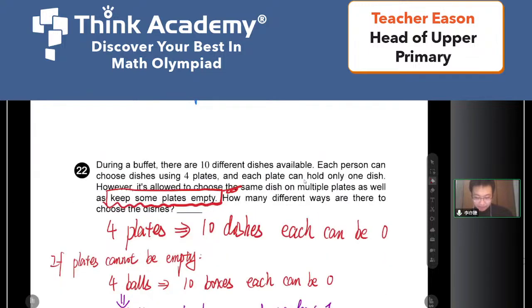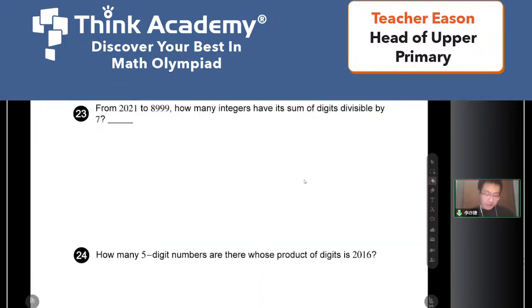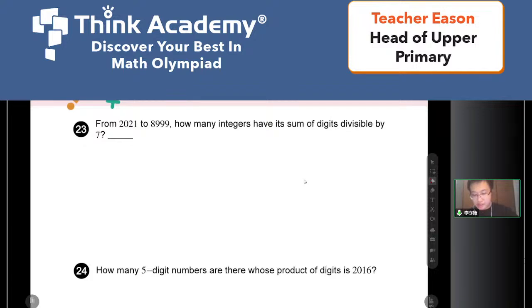Then question 23 and 24 are about number theory counting. This is a hybrid of number theory and counting, and it is the SMOPS favorite question. Each year in SMOPS, there will always be such a question. Now question 3 is about forming numbers from 2021 to 8,999.